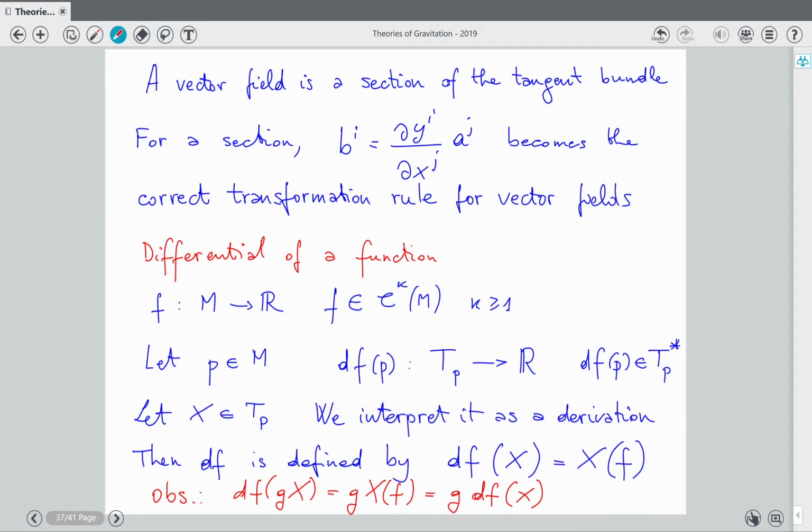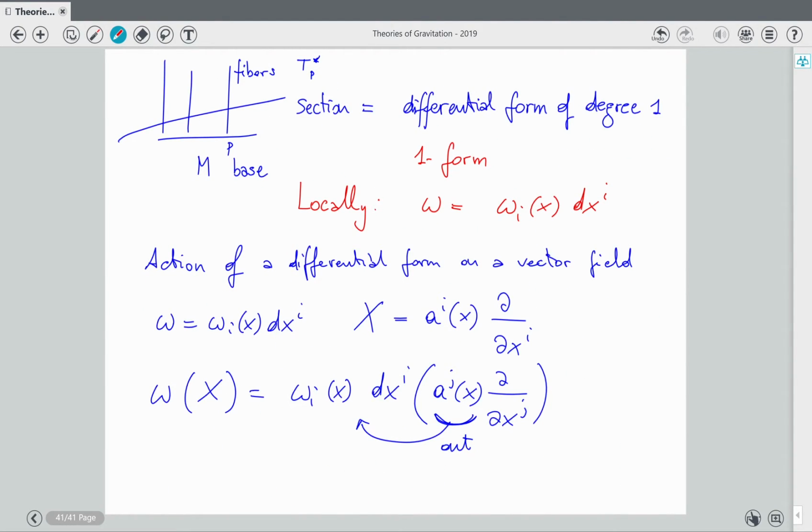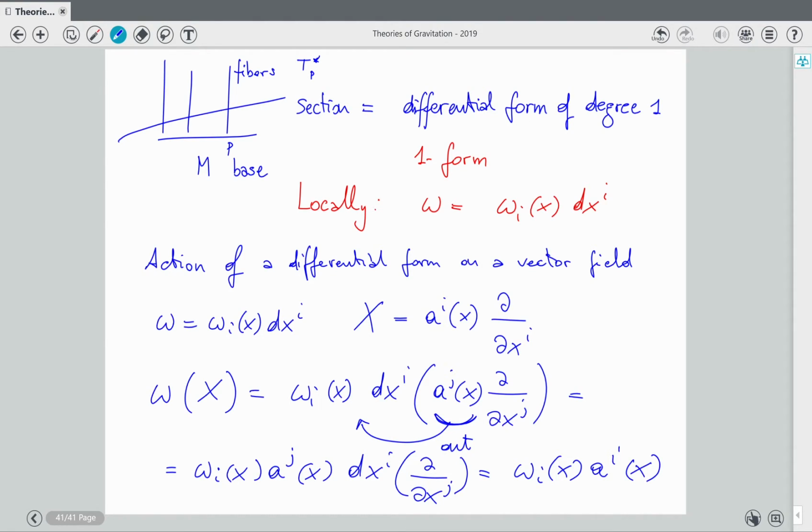So g goes out immediately, which we can use now here. This goes out, and so you have omega I of x, aj of x, dxi acting now on partial over partial xj, and that's the delta ij, so you have just a contraction of the components. And that's the action of a differential form on a vector field.